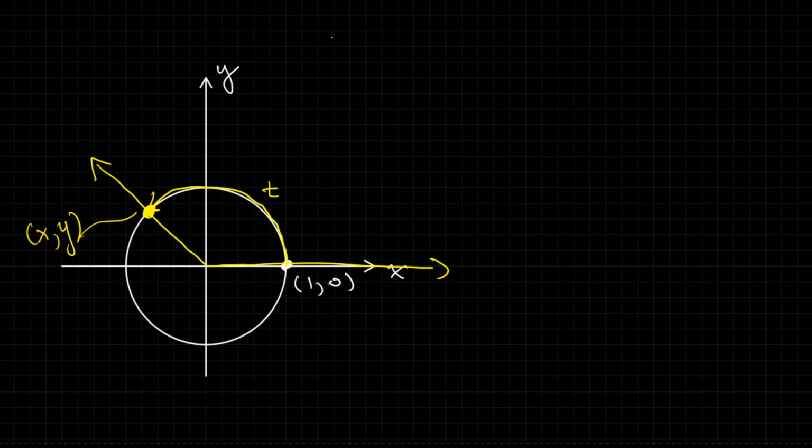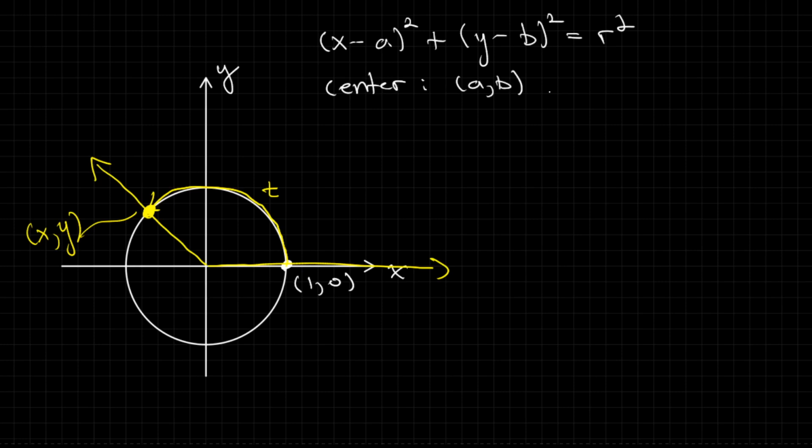The equation of a circle is given by (x - a)^2 + (y - b)^2 = r^2, where the center here is (a, b), and the radius is r. In other words, if you have a circle with center (a, b) and radius r, any point and every point on that circle will satisfy this equation.